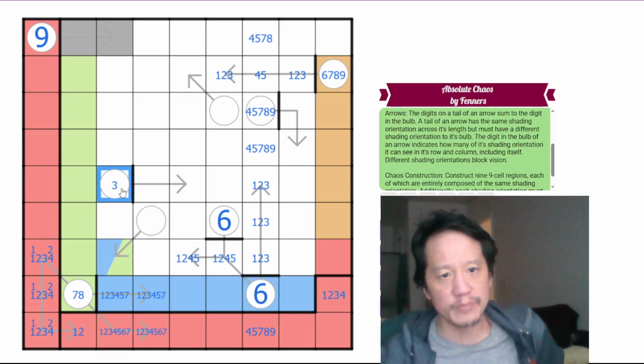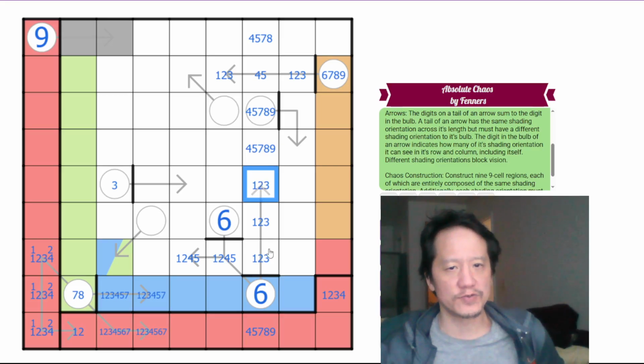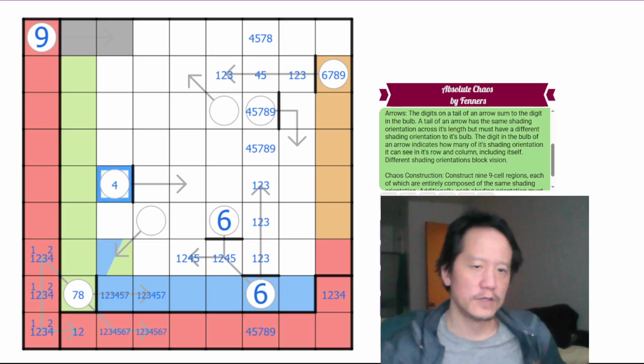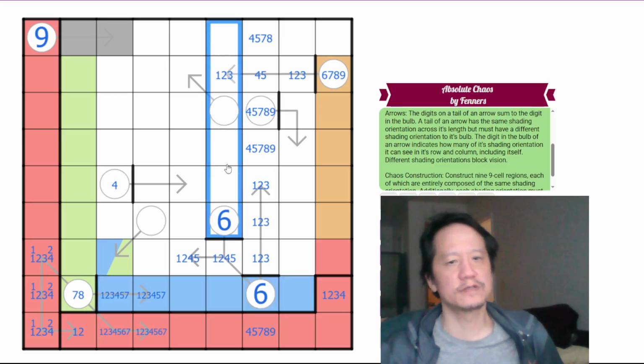Okay, this cannot be 3. Because if this were 3, that would force this to be 1 and 2, and that would eliminate all possibilities for that cell. So this is at least 4 that it sees. This sees 9. This sees 6. This sees 6. It could be these 6 here.